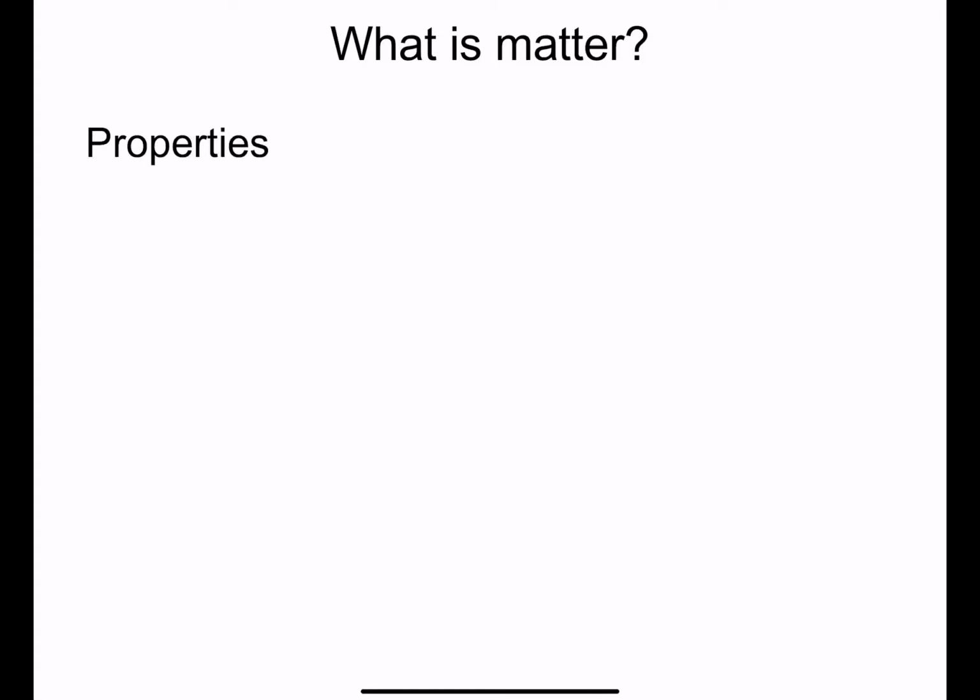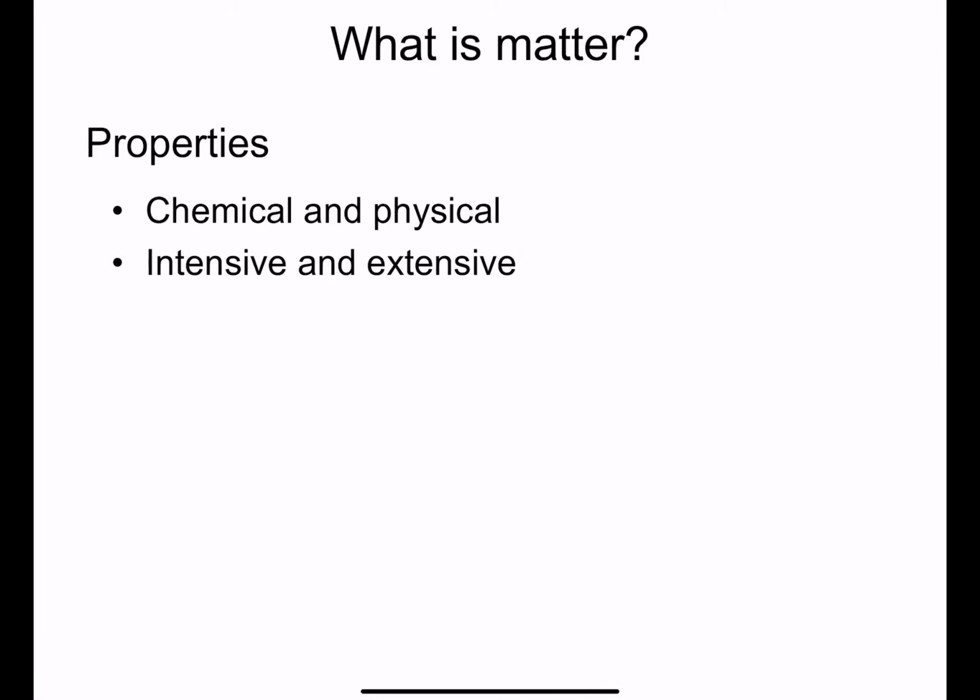Further, we can think about the properties of matter. For example, chemical and physical properties. So we noted with the diamond, they looked very different. They're physically very different. Diamond, even if you rub it on paper, is not going to come off the way a pencil lead does, or the graphite in your pencil. They also behave very different chemically.